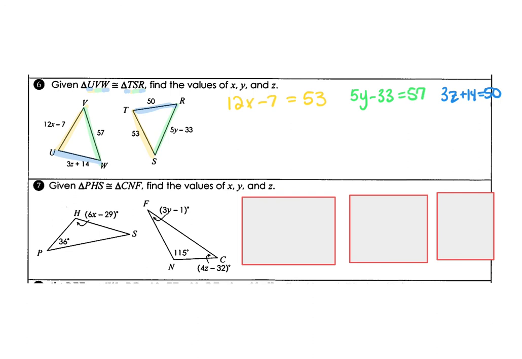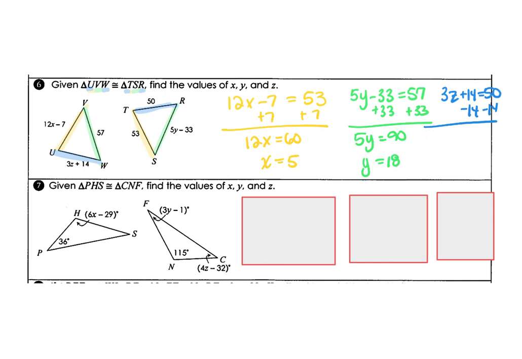And then you're just going to solve like you would. Add your 7, divide by your 12. You're going to do these just like you would solve any algebra, and you can solve for all of your variables there based on the congruent statements.